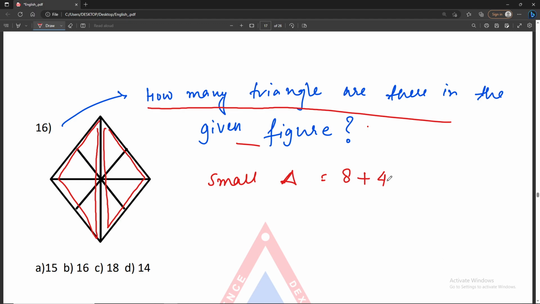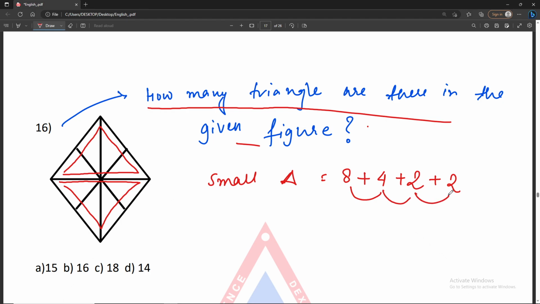So we have 2 more triangles. And you can also see this part is also a triangle, and this part is also a triangle. So we have 2 more triangles. So 8 plus 4 is 12, 12 plus 2 is 14, 14 plus 2 is 16. So we have a total of 16 triangles in this given figure. So the option is option B.